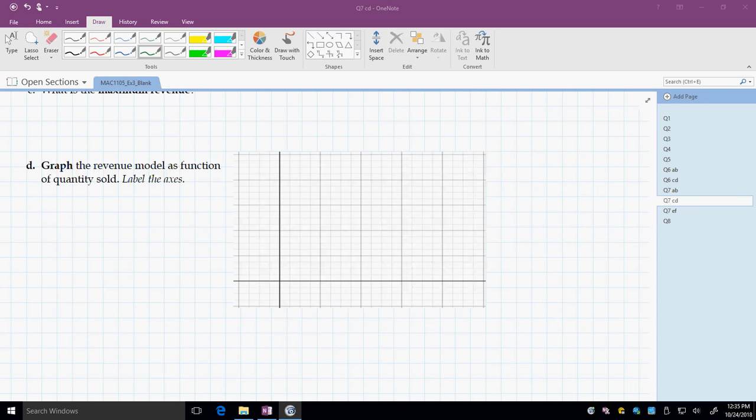Question number 7B. Graph the revenue model as a function of quantity. So, label the axes. Our y-axis is going to be R for revenue, in dollars. The x-axis is going to be X, in units.